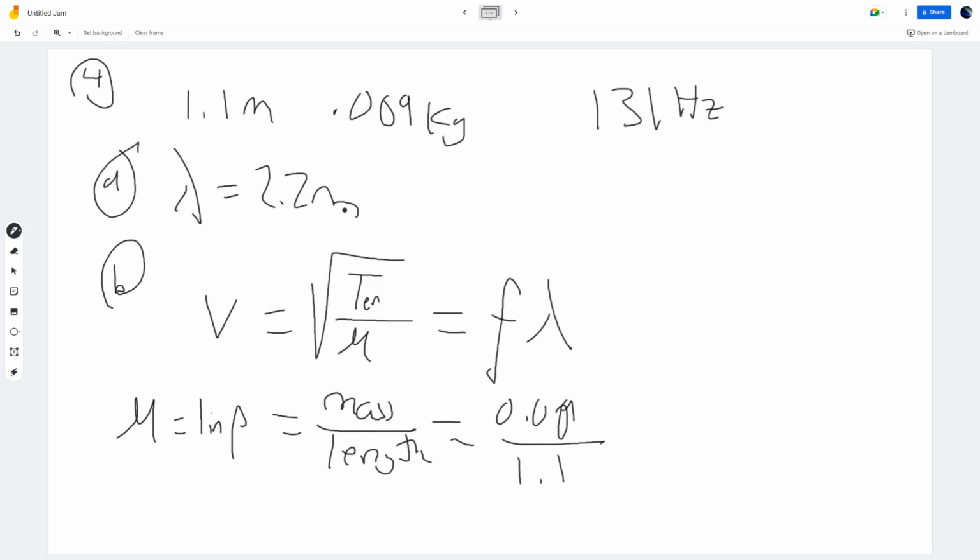And then I'm going to square that because we're squaring this thing, and then multiply it by 0.009 over 1.1. And I get a value for tension. Actually, that does not make sense, but 679 newtons, I believe.